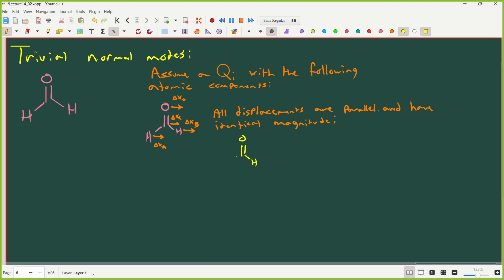Well, the molecule is initially here, and now all of the atoms are moving in parallel at the same magnitude. What happens? The molecule just translates. If they all move in the same direction, this is just translation.